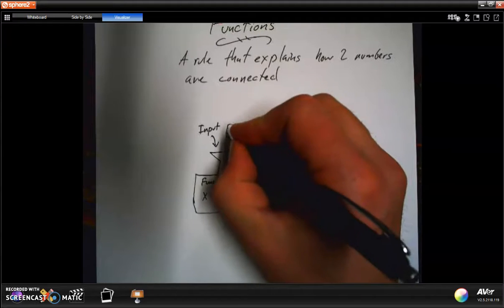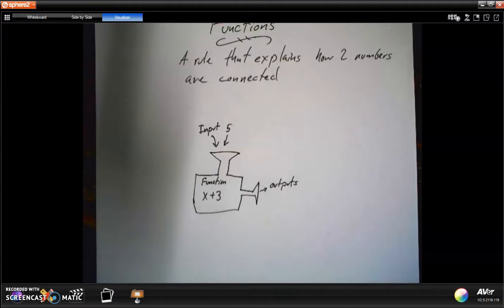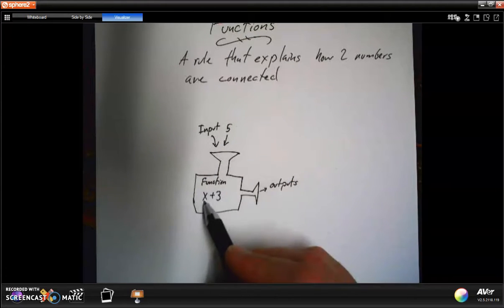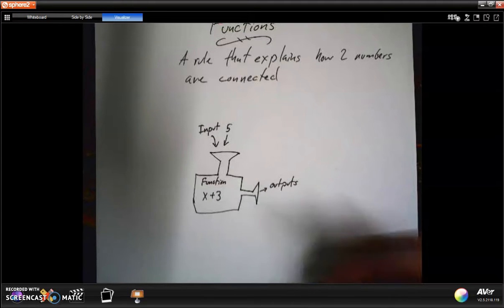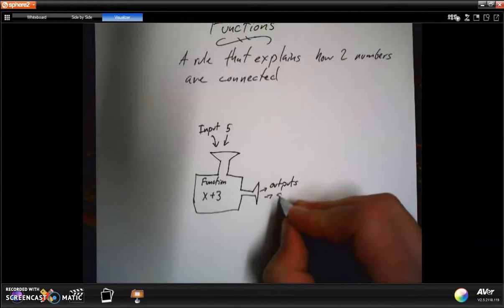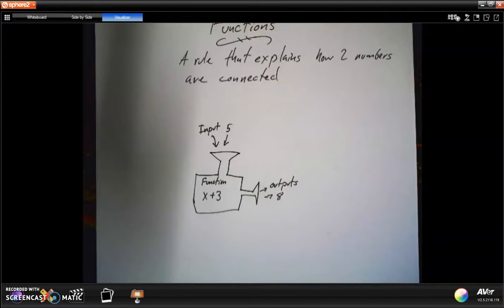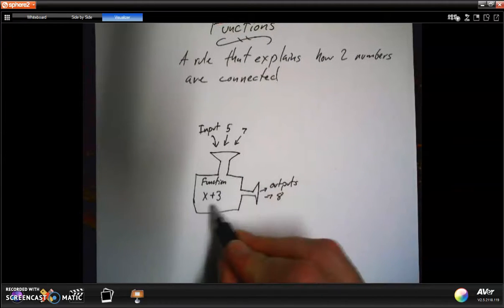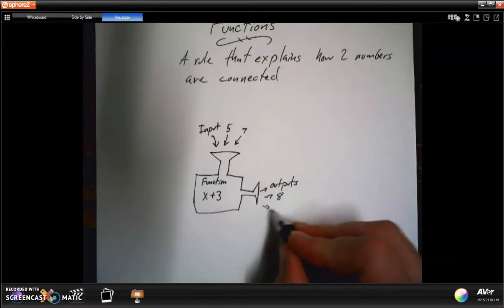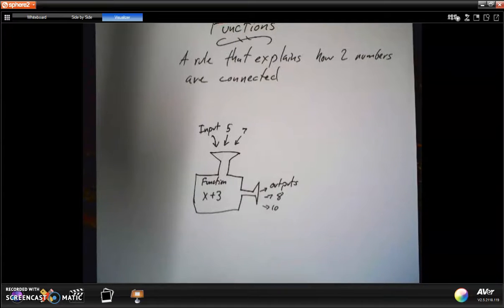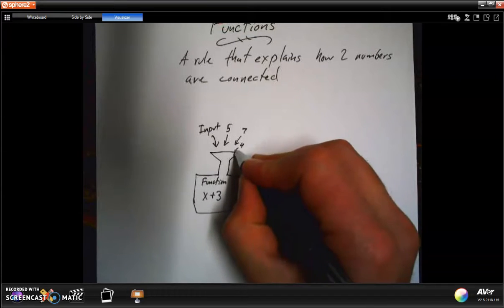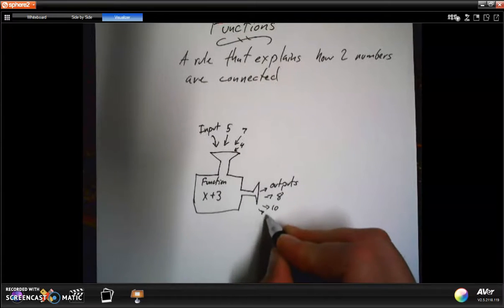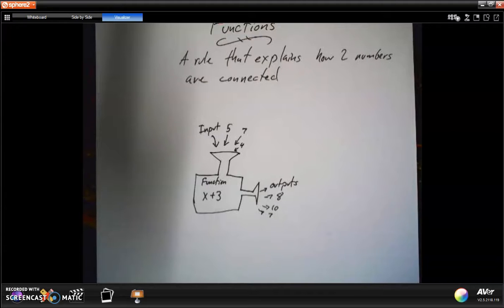So if I plug a 5 into this function, it says whatever you plug in, add 3. So 5 plus 3, I get out an 8. If I plug in a 7, it adds 3 to it, and I get out a 10. If I plug in a 4, I get out a 7, and so on and so forth.